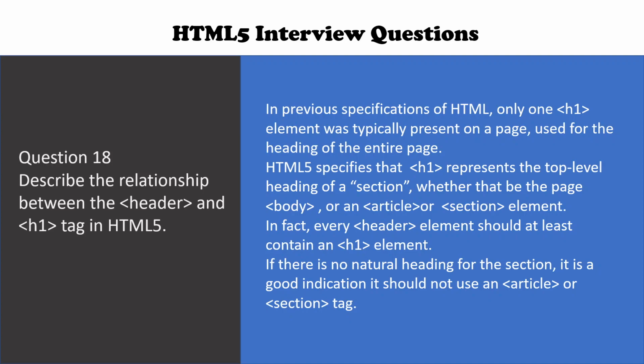HTML5 specifies the h1 tag represents the top level heading of a section, whether that can be the page, body, or an article or section element. In fact, every header element should have at least an h1 tag or element. If there is no natural heading for the section, it is a good indication it should not use an article or section tag.